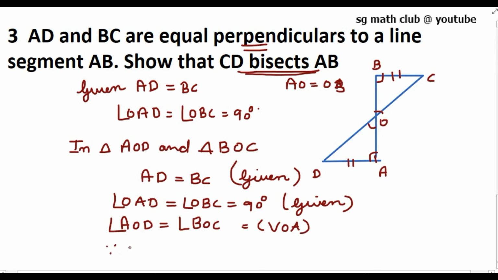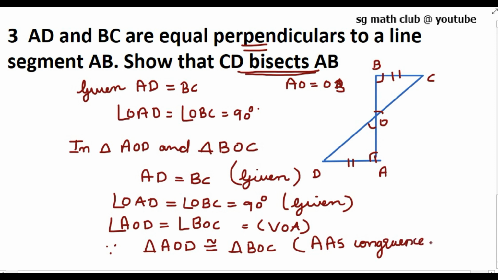Therefore, we can say that two angles and one side are equal and that side is not included. So triangle AOD is congruent to triangle BOC by AAS congruence rule.